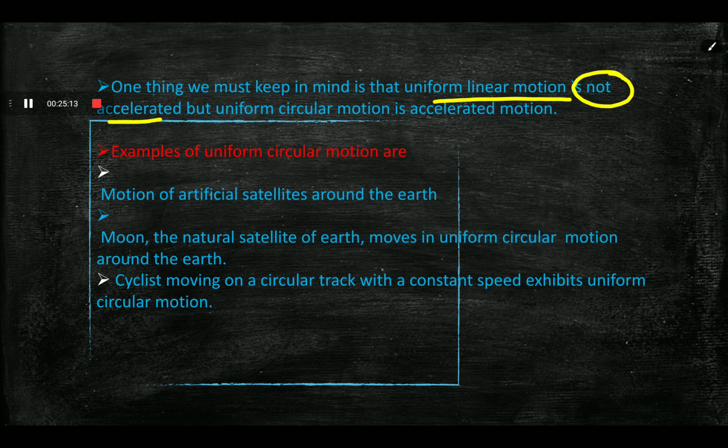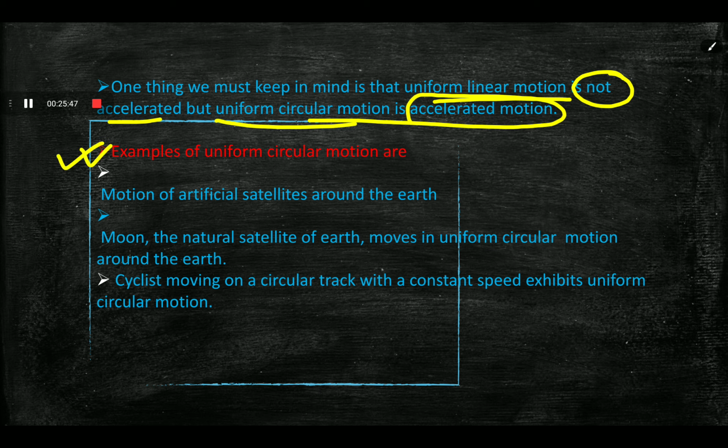But when the object moves along the circumference of the circle, that is, in a circular motion, then the circular motion is accelerated motion, because in circular motion the velocity keeps on changing, and when the velocity changes, that results in acceleration. That's why uniform circular motion is also known as accelerated motion.